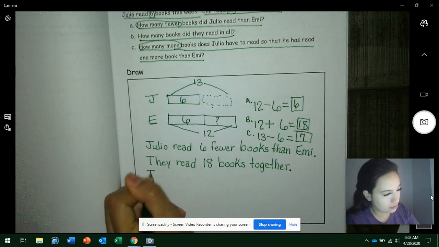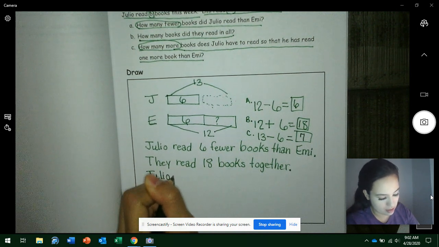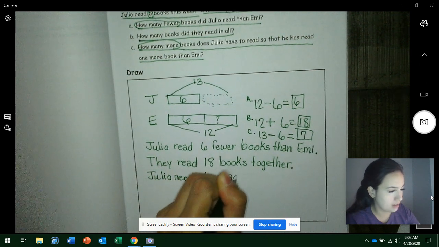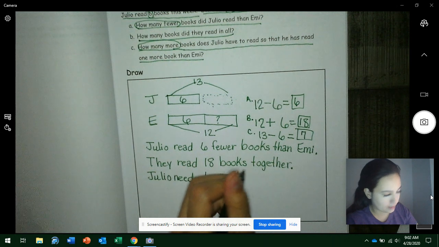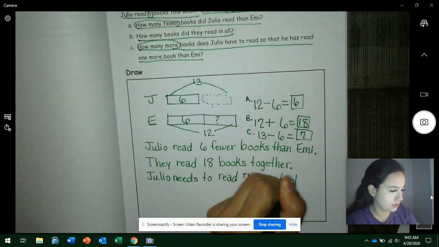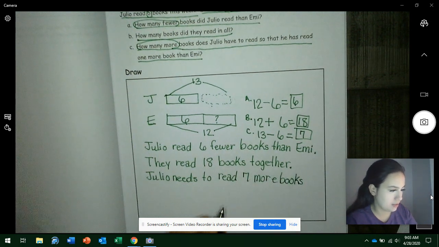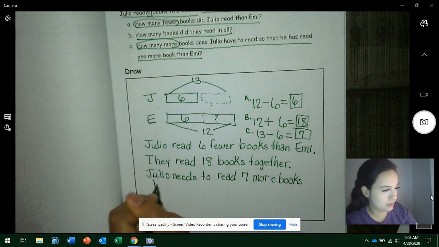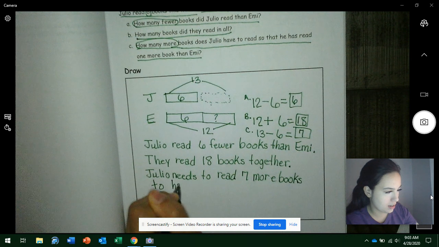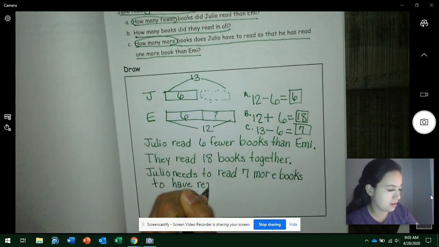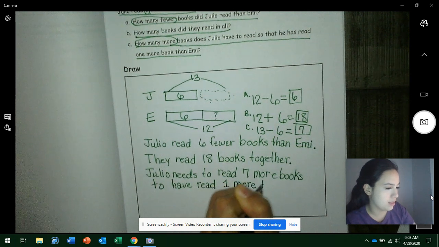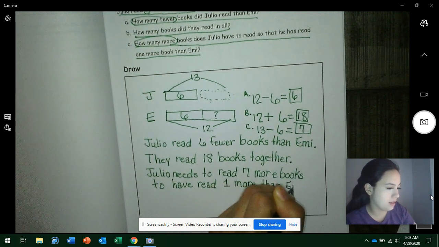It says, Julio needs to read 7 more books to have read one more than Emmy.